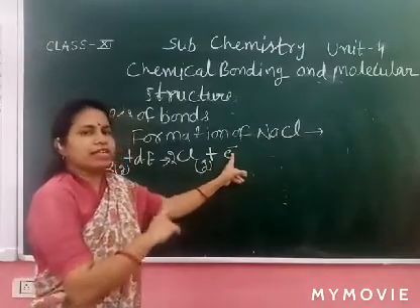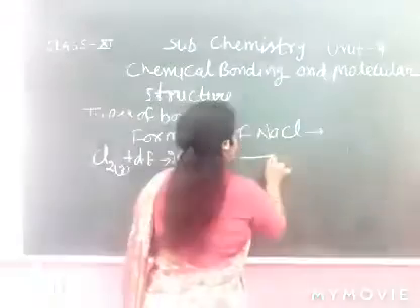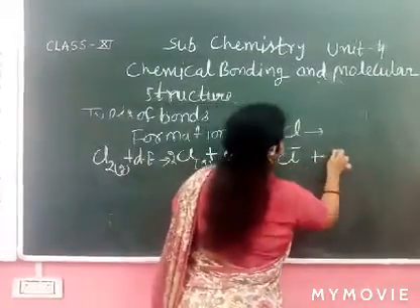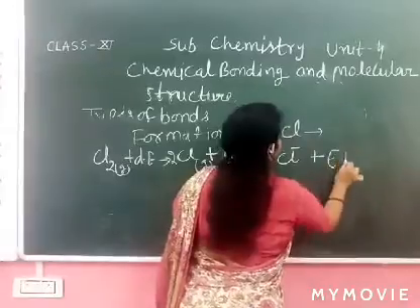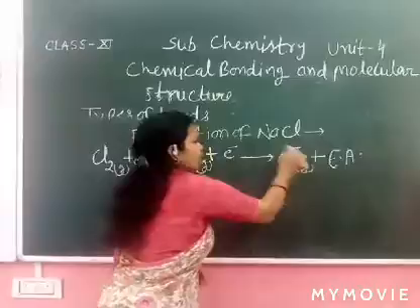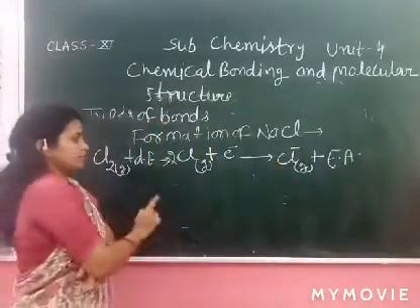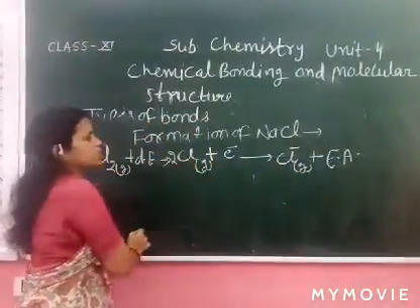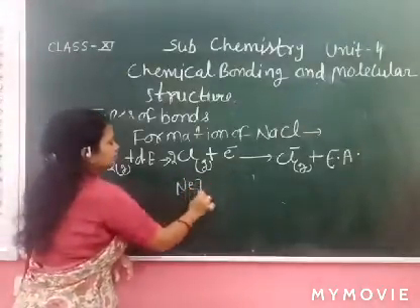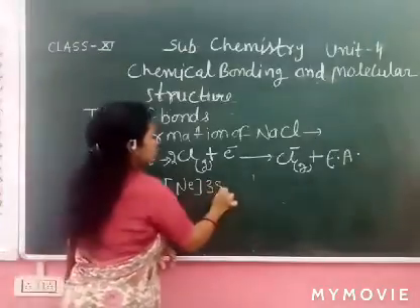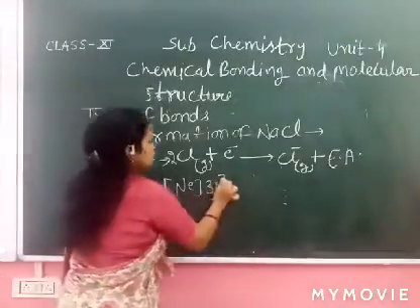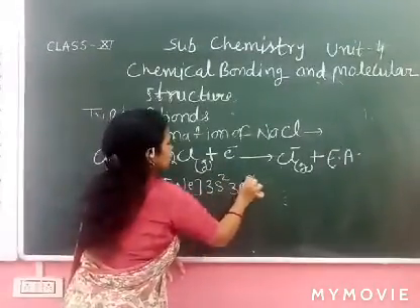When an electron is added, energy is released. What is this energy? Electron gain enthalpy. Now, why does Cl convert into Cl minus? Again see, in the outermost configuration it has 3s2, 3p5.